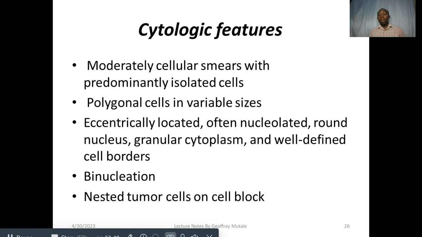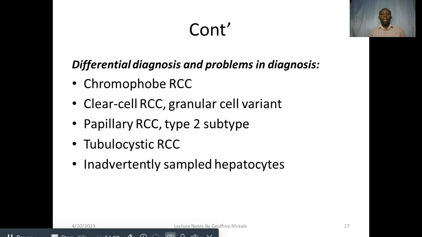We may also see eccentrically located nuclei, often nucleated, round nucleus, granular cytoplasm, and well-defined cell borders. Binucleation, we said it is rare, but doesn't mean it doesn't exist. It may appear. And then nested tumor cells on cell blocks are very important.